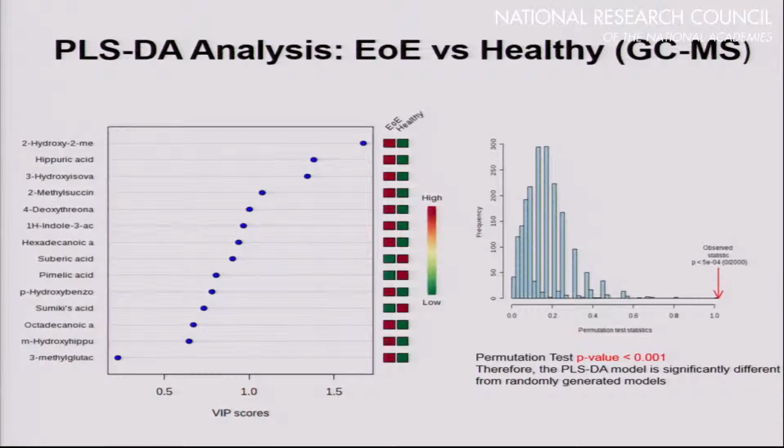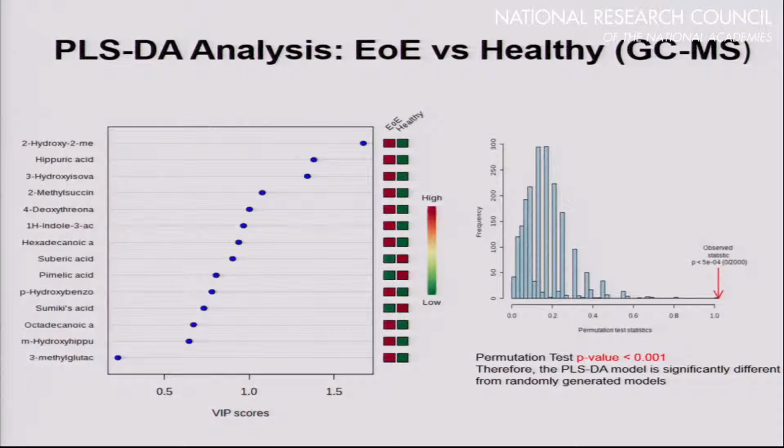These are commonly used in metabolomics, and for some of you maybe this is your first time seeing these types of things, but these are fairly common techniques. What we can see is red is EoE, green is healthy on one side, left, right, and then green is low, red is high in terms of the indication. So we're seeing things like uric acid or methylsuccinate or deoxythreonate that are changed.